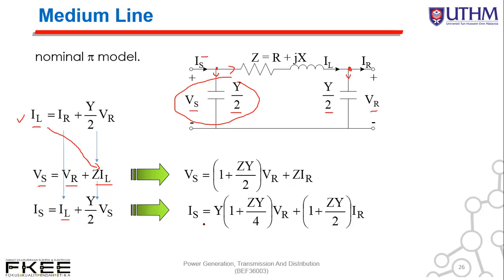So we got IS equal to Y (1 plus ZY over 4) VR plus (1 plus ZY over 2) IR.